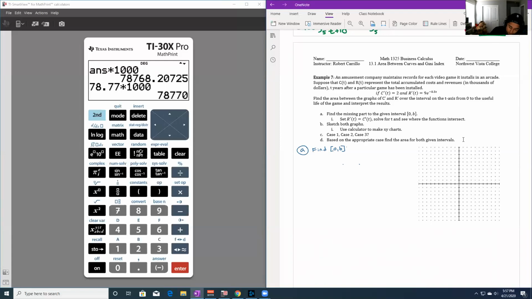Find the interval 0 to B. And the way we do that is we are taking R prime of T, setting it equal to C prime of T. So R prime is 9e to the negative 0.3 T, and we're setting it equal to C prime of T, which is 2.